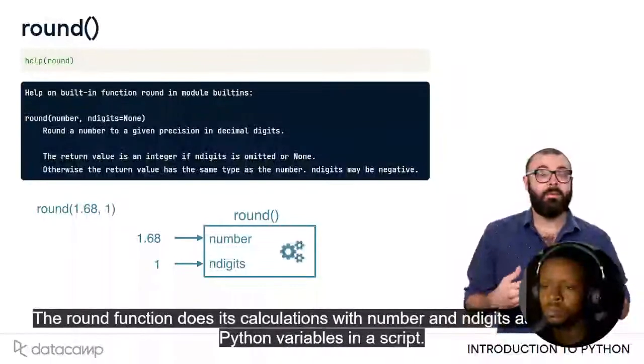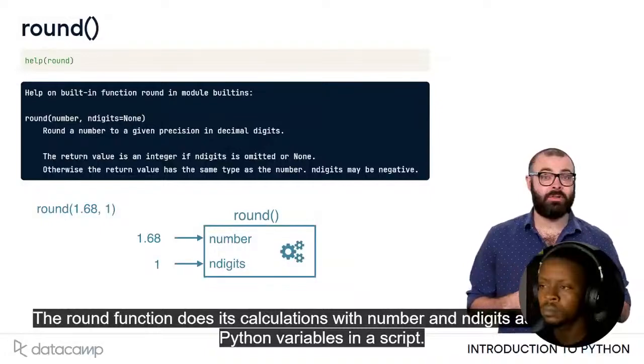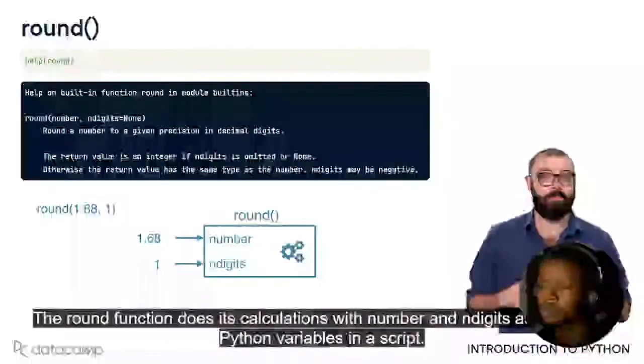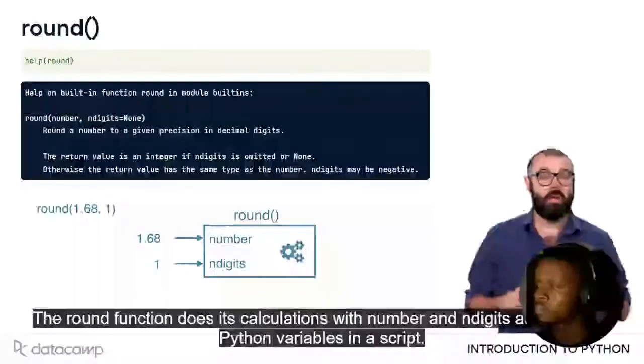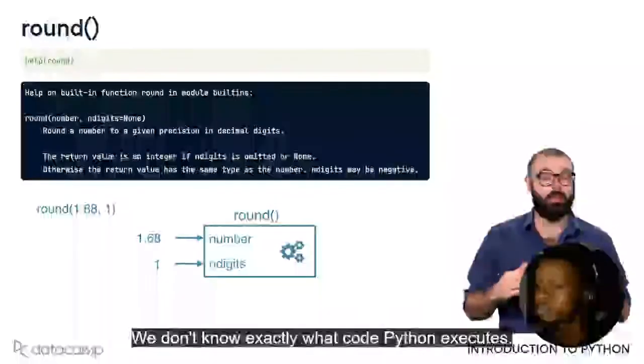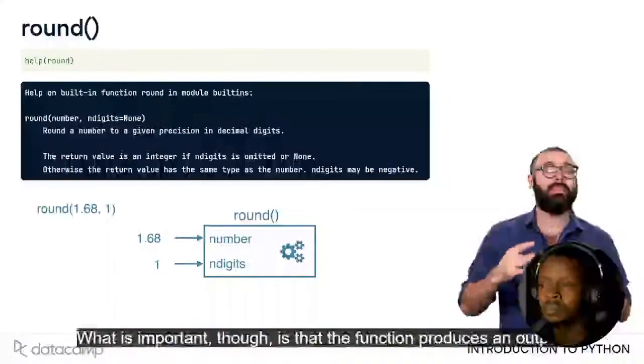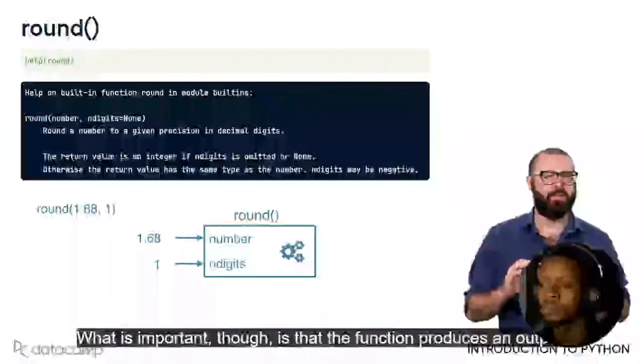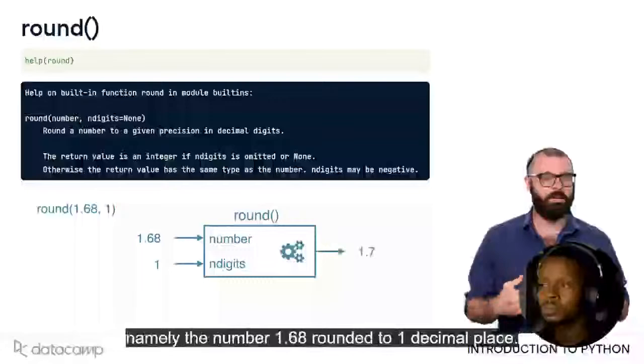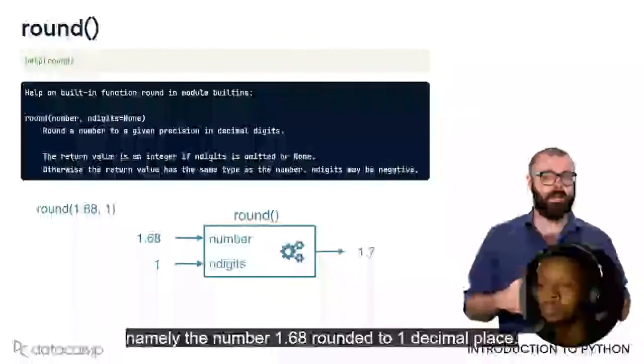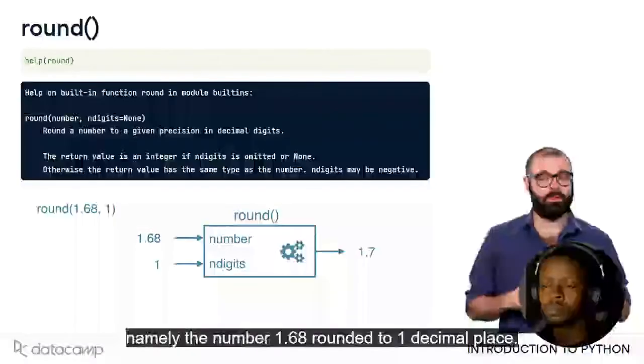Next, the round function does its calculations with number and ndigits as if they are Python variables in a script. We don't know exactly what code Python executes. What is important, though, is that the function produces an output, namely the number 1.68 rounded to one decimal place.